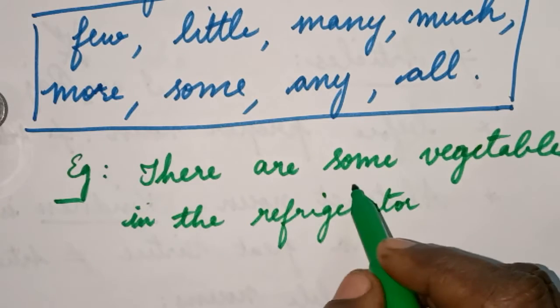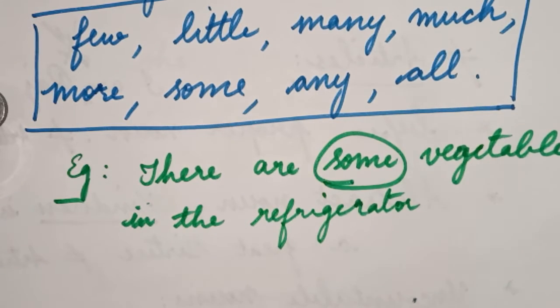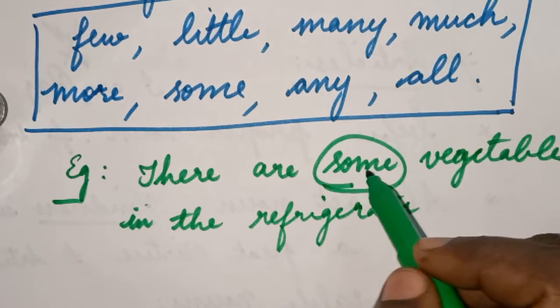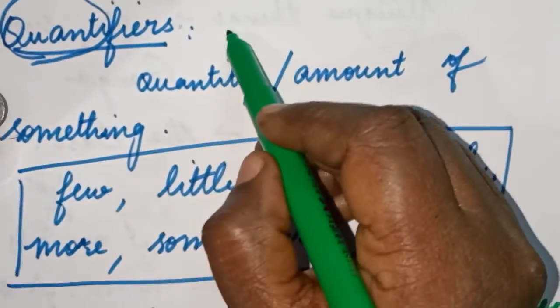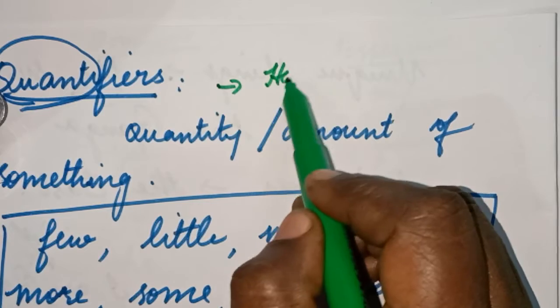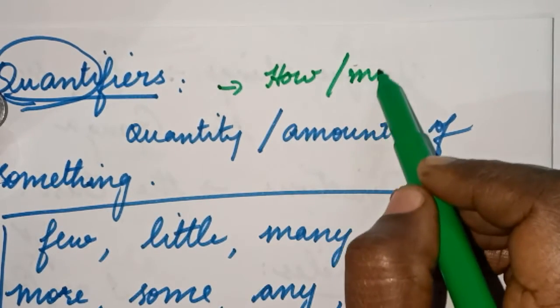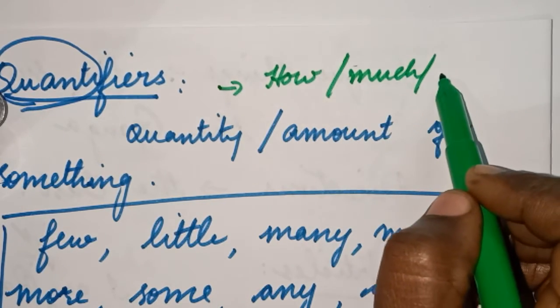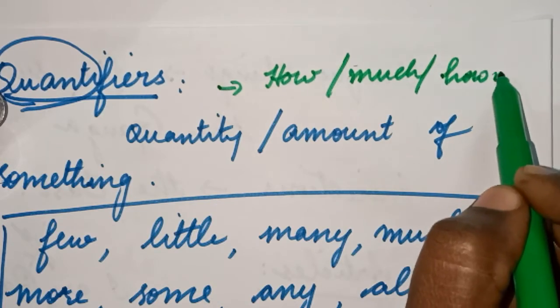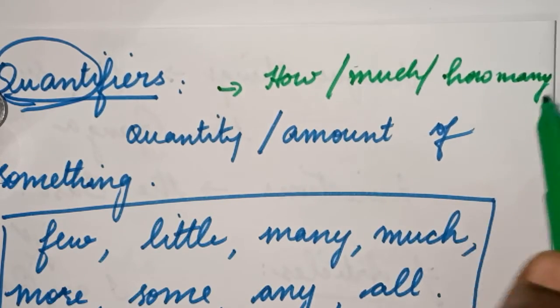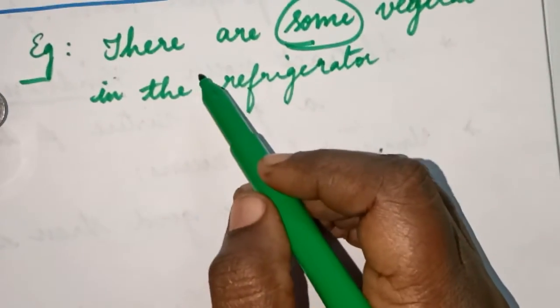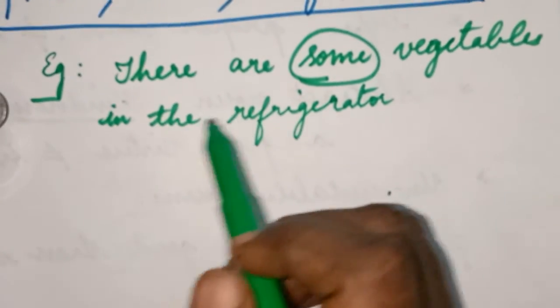How many vegetables do you have? You have some vegetables. So here the quantifier determines how much or how many. So, there are some vegetables in the refrigerator.